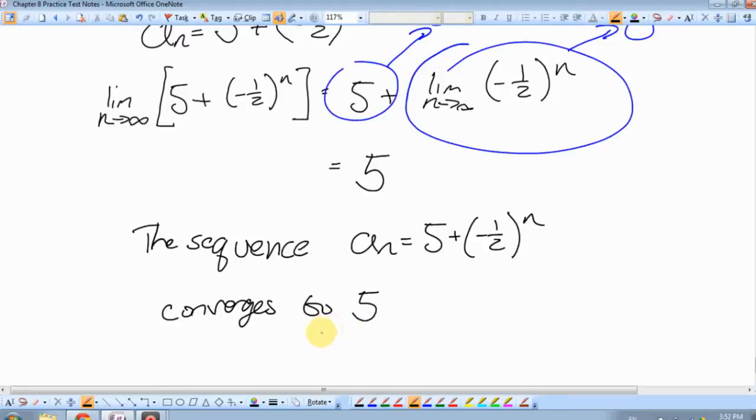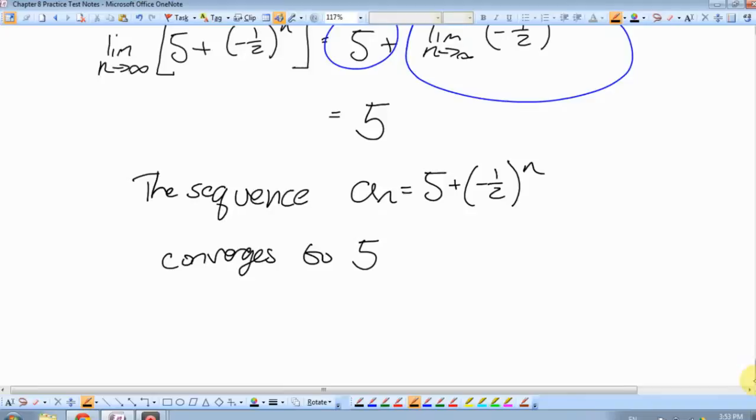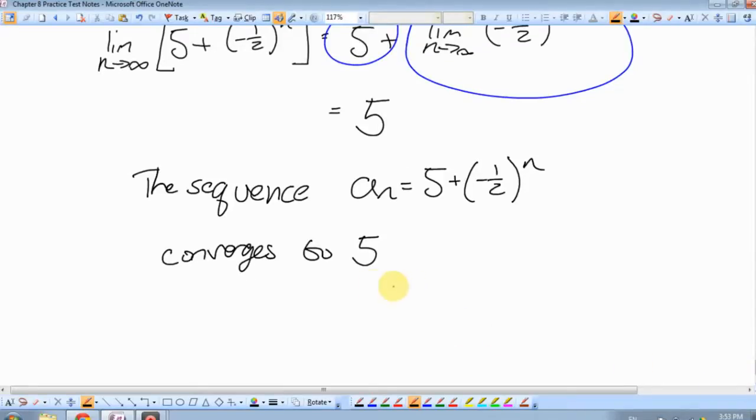And that's the answer to E. This is what's the limit. This is further study, so there's no real question. Well, that would be the answer to E. Right? I suppose, yeah. So the sequence a(n) equals 5 plus negative 1/2 raised to the n converges. Okay, let's try and do a couple more before we start gorging.